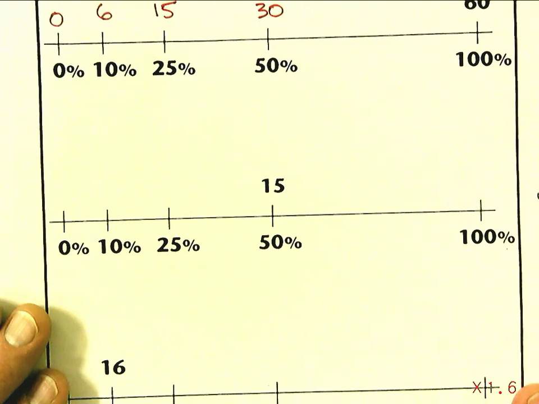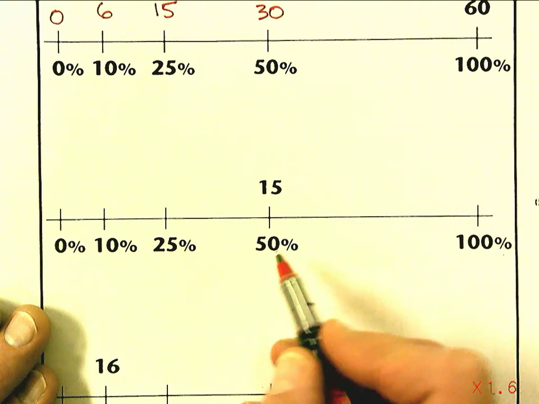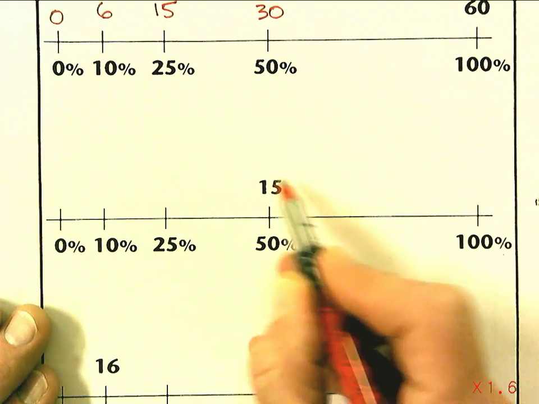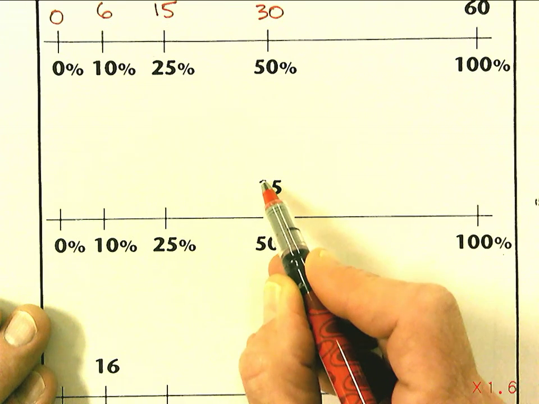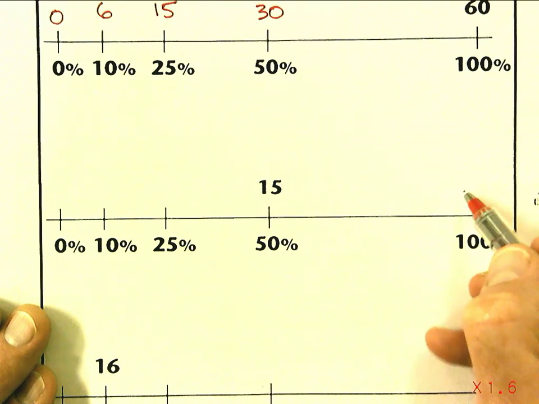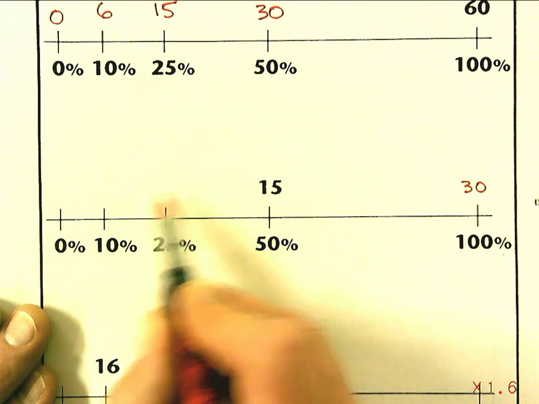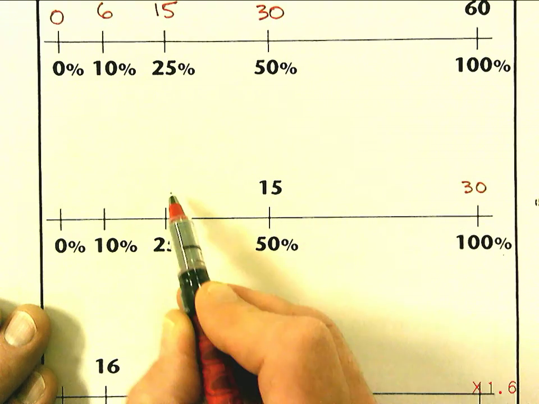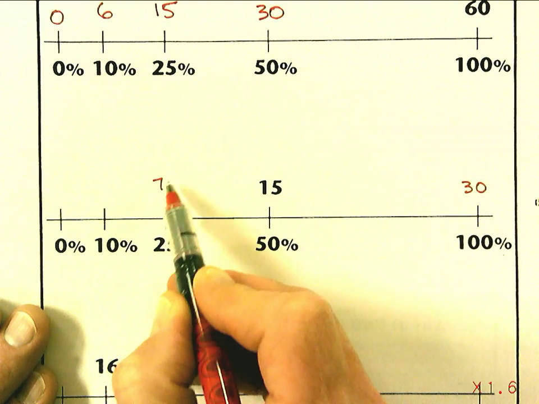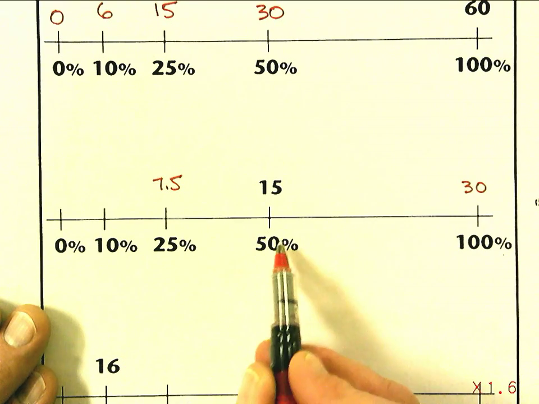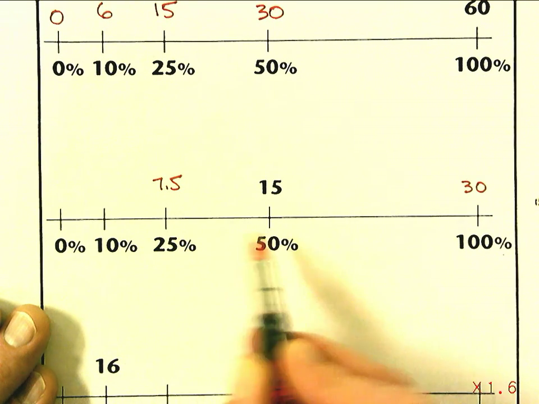And then continuing on, another percent line. This time they give us the 50% amount, which is 15, so this is the half. So the whole would be twice as much. And then half of that, half of 15, which is your 25%, where 25% is half of 50%.